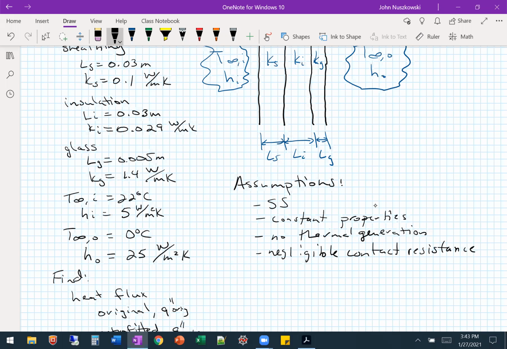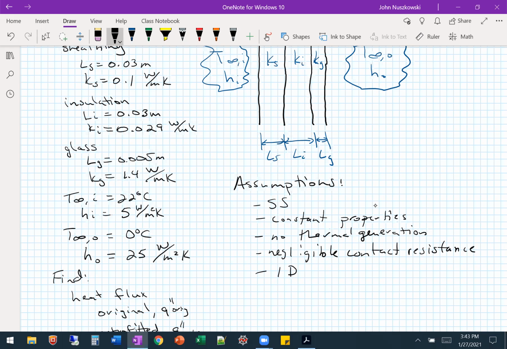And 1D, right? All right, so that allows us to get those equations. But there's actually still one more thing. Since we now know these assumptions and we want to do resistances to solve for heat flux, there's one more thing we need to draw first.